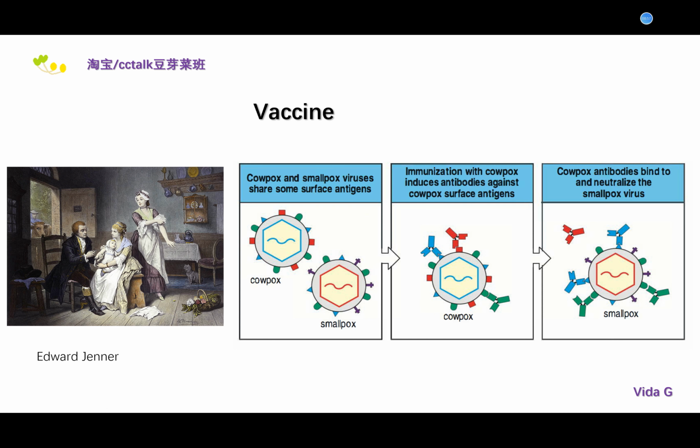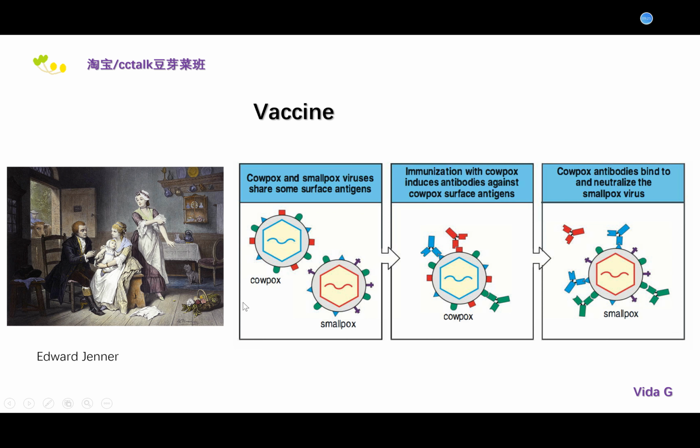So Edward Jenner found that the patient who was previously infected by cowpox will no longer be infected by smallpox. So the theory is that the cowpox virus and smallpox virus share some epitopes.